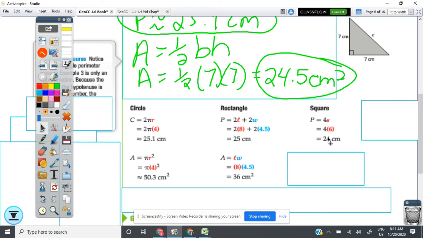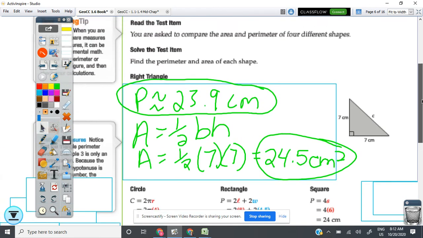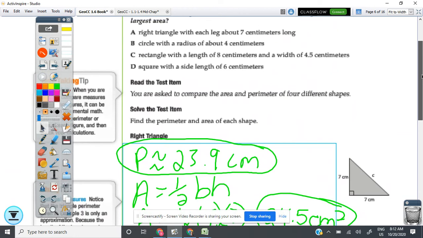So 4 times 6, which is 24. And the area is side squared, so it is just 36. So we had to find the perimeter and area of each shape.